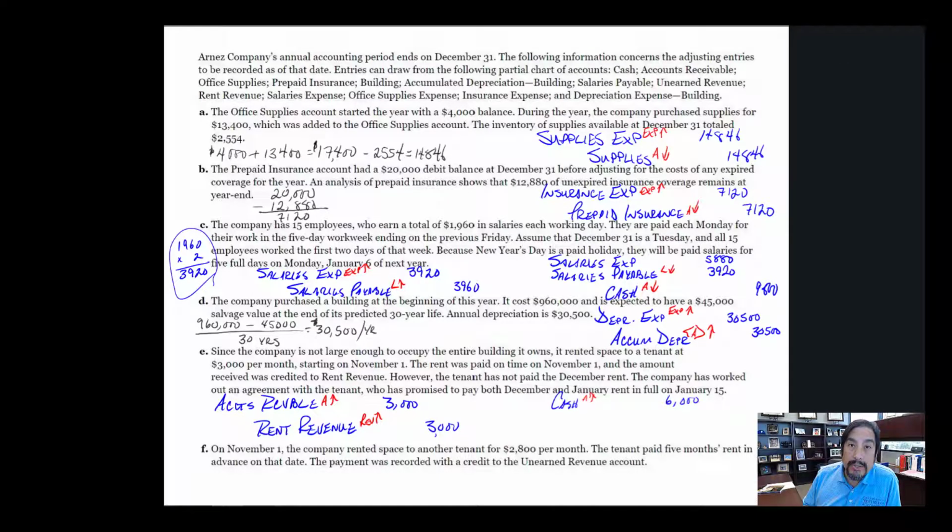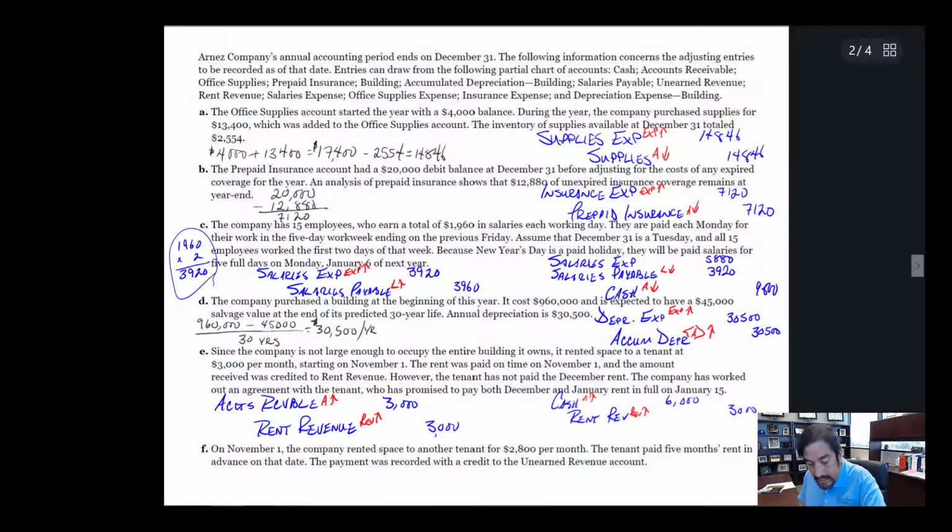And we're going to record rent revenue for January. Rent revenue is a revenue account that we are increasing. We increase revenue accounts with credits. And finally, we're going to get rid of the accounts receivable that we created back here.